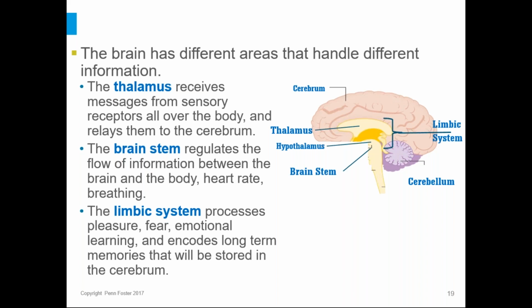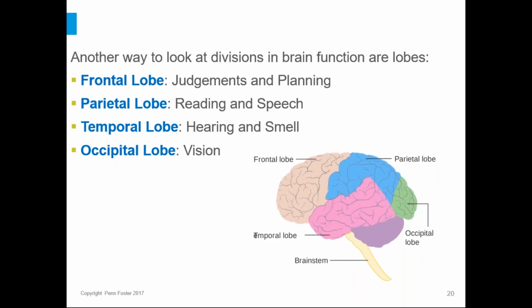So I know that was a lot of information at once, but you want to remember at least the basic idea that there are these different structures in your brain and they're responsible for very different things in keeping your body alive. And we can also look at the divisions in the brain in the lobes.